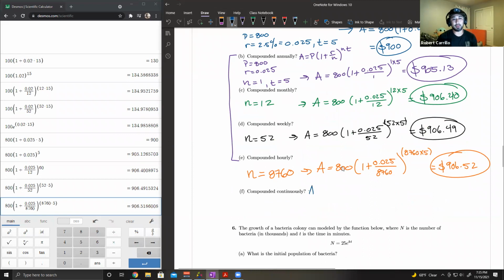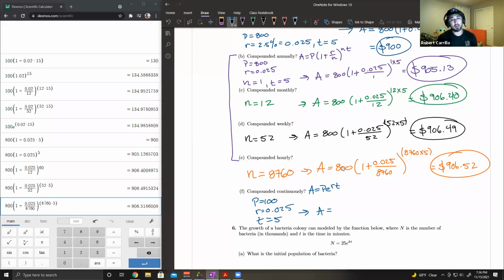And of course, last one is Pert. So P is still 800, rate is still 0.025, and time is just 5.